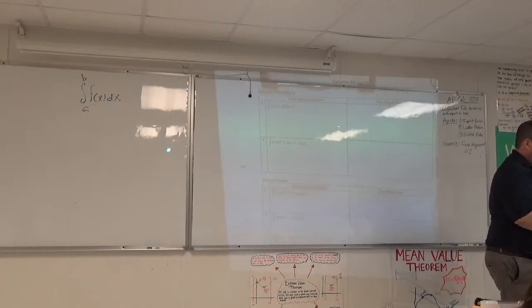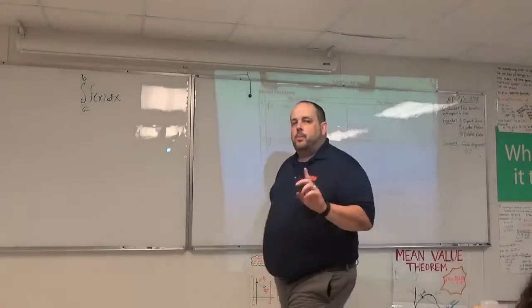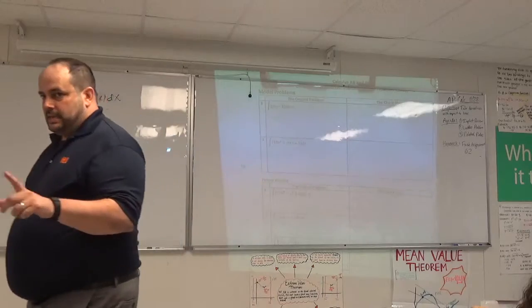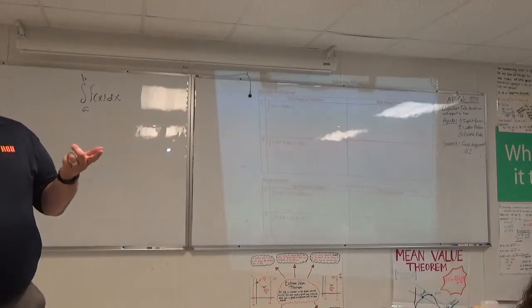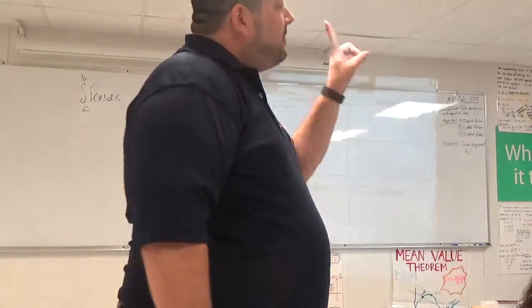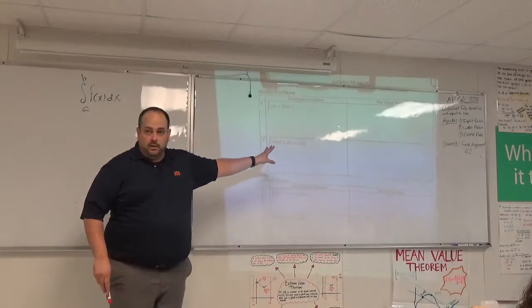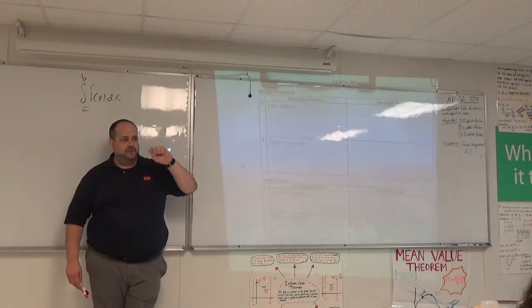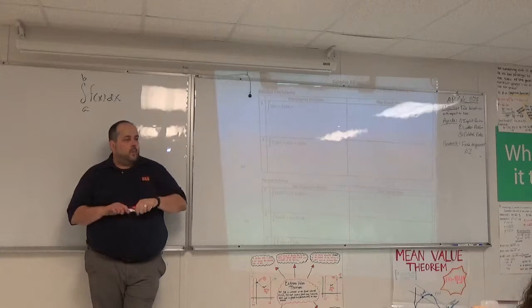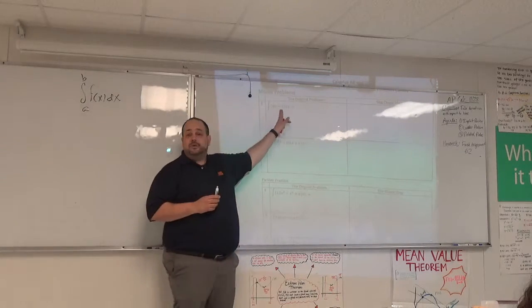What's the antiderivative of 6x minus 2? But what I'm really asking is, do you know a function that has 6x minus 2 as its derivative? Yes, no? If so, what is it? What function do you know of that has 6x minus 2 as its derivative?